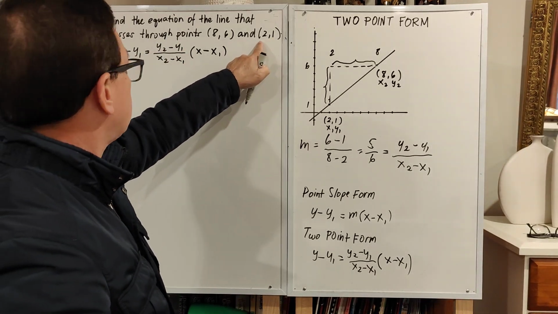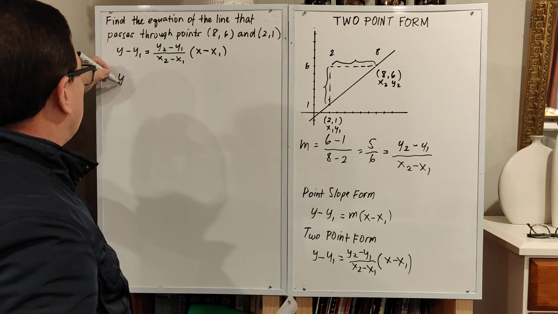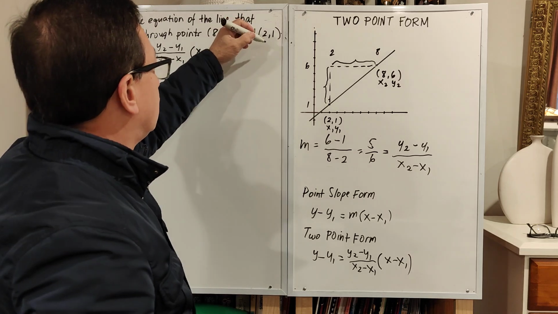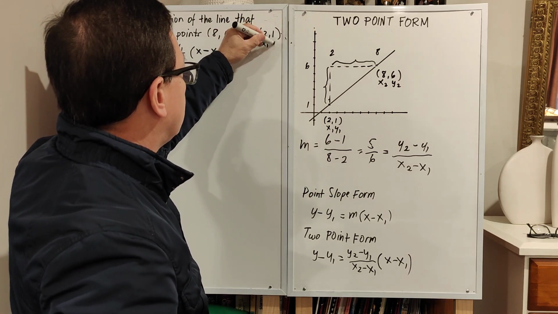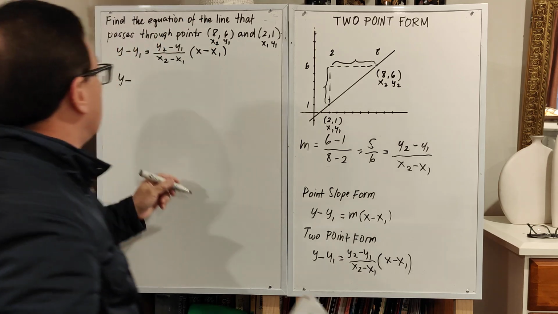So substituting, we have y minus y1. So this is x2, y2.